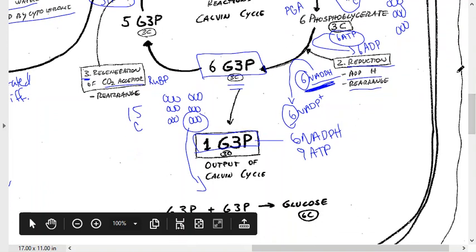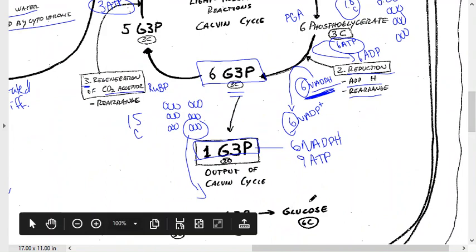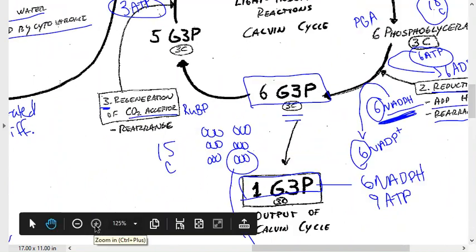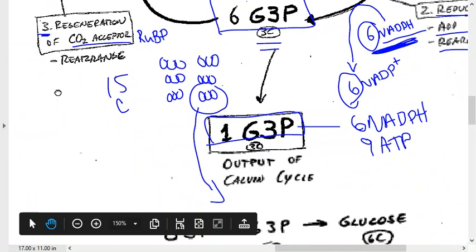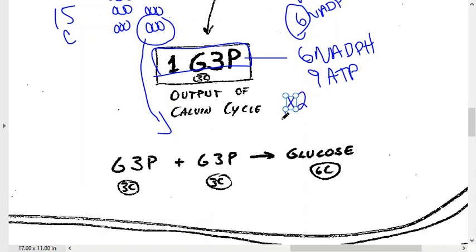This entire thing happens again, because basically where we're going with this is we're going to take two G3Ps, and with an enzyme, we're going to link them up and make glucose. So all of this has to happen again. So I'm just going to say times 2.